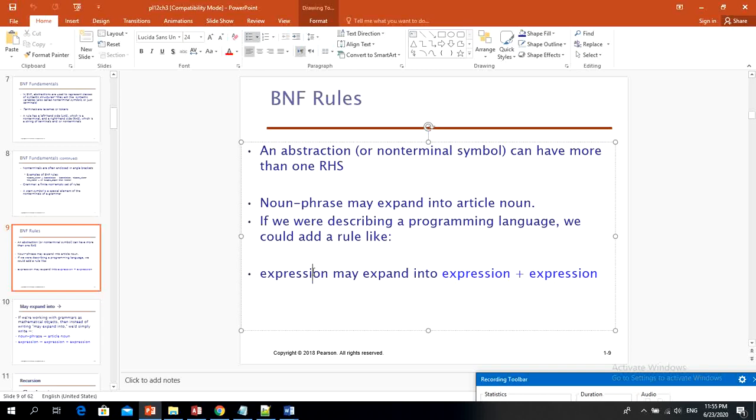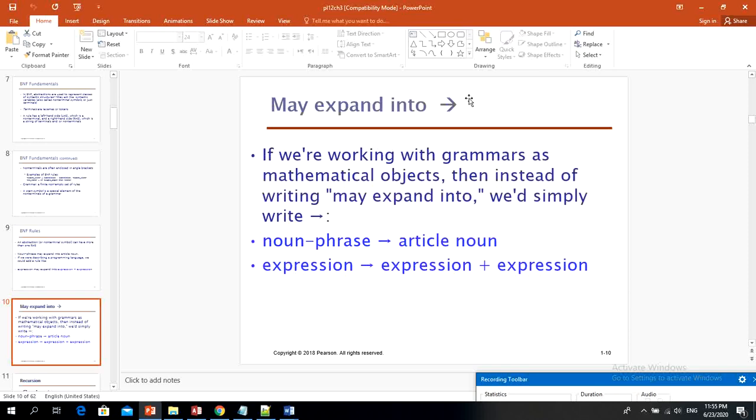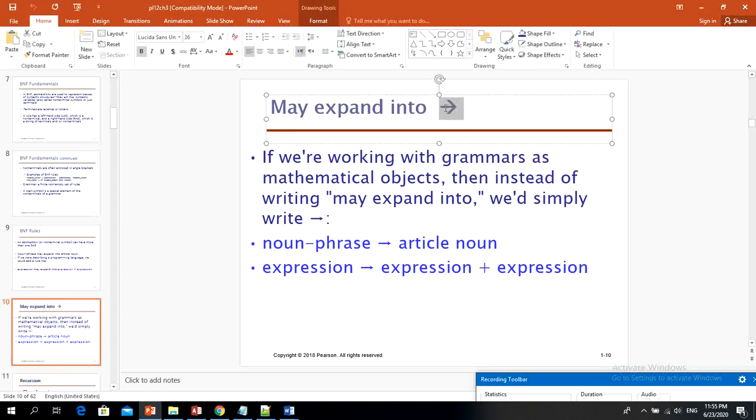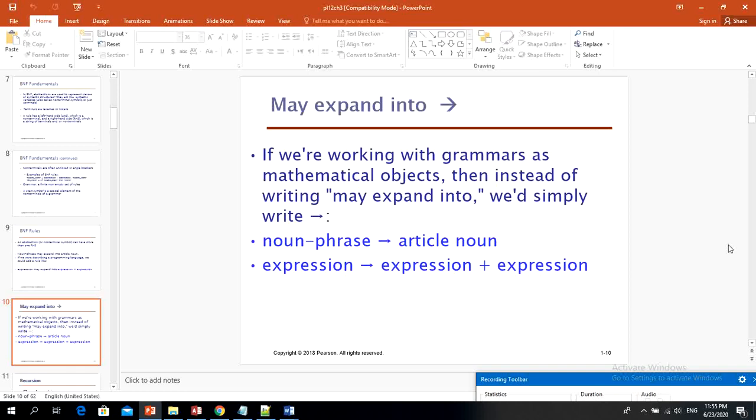So our expression can be divided into more than one expression, like expression plus expression. But we use a term like this right arrow, that means expand into. Instead of using the words expand into, they use this right-side arrow.